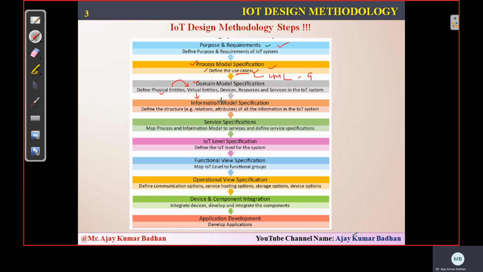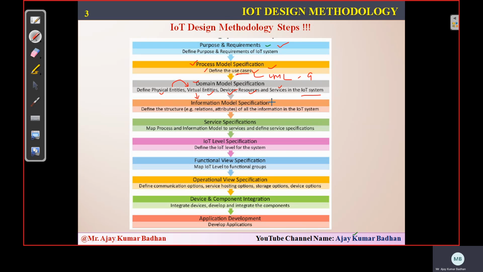Both are almost the same, so every physical entity will have one virtual entity. Then what different devices we are going to use to make that system, the resources we are going to use, and the different services these resources and devices are going to provide in order to make this a full-fledged IoT system is what we learn in the domain model specification.